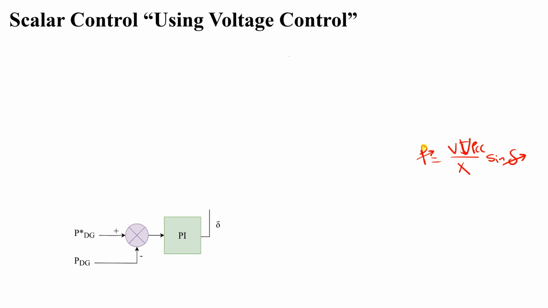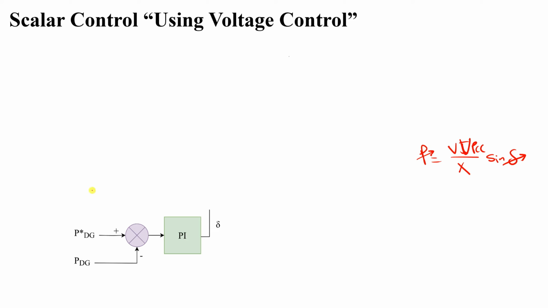So what do we do exactly in the control system? In the control system, we use PI controllers. Why do we use PI controllers? Because PI controllers are used to take the error between the actual value and the reference value and bring it down to zero by controlling a certain quantity.